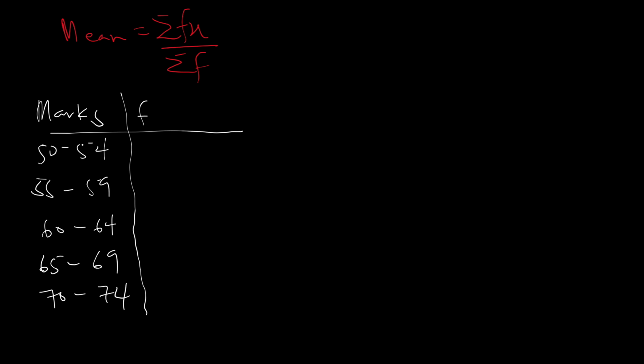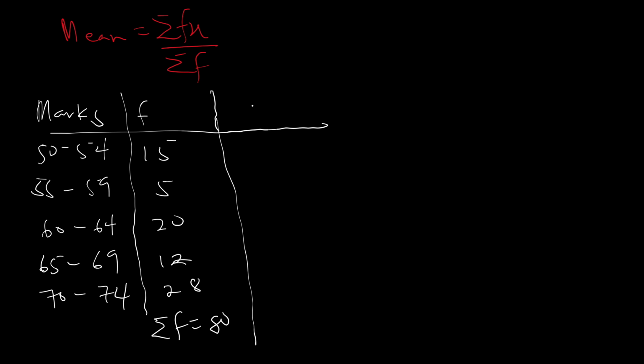So for 50 to 54, we have 15 students. For 55 to 59, we have 5 students. For 60 to 64, we have 20 students. For 65 to 69, we have 12 students. Then for 70 to 74, we have 28. So our sum of f will be equal to 15 plus 5 plus 20 plus 12 plus 28, and that should give us 80.